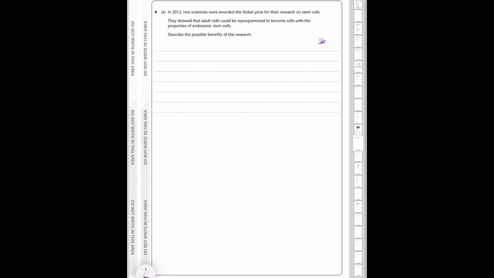And because we can reprogram the adult cells to become cells with properties of the embryonic stem cells, that means we've got no need to use embryonic stem cells, and there's going to be less of a chance of a patient rejecting their own cell when we're using their own cells for stem cells. You could also say that the stem cells could be used to treat diseases that we can't treat at the moment, and also can be used for things like transplants.